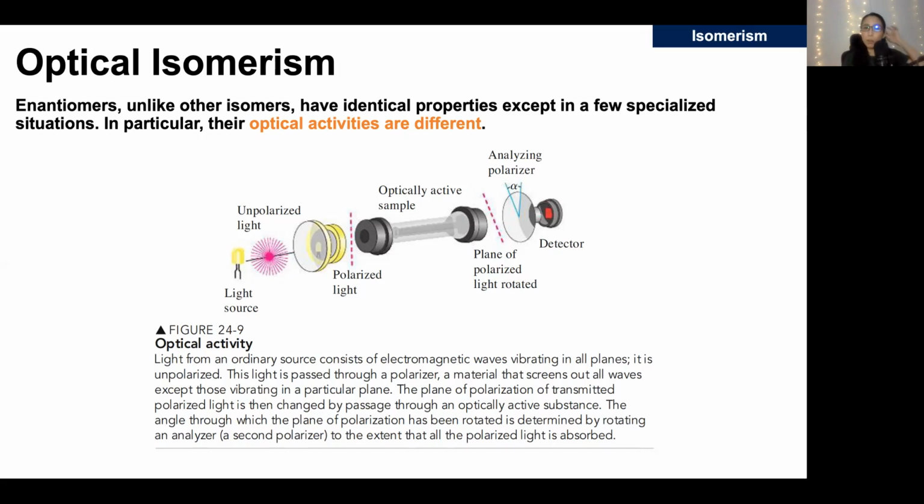Now, with enantiomers, their behavior with polarized light is opposite. If I have enantiomers, non-superimposable mirror images, enantiomer A will, say, rotate polarized light 10 degrees counterclockwise, but this enantiomer will rotate polarized light 10 degrees clockwise.